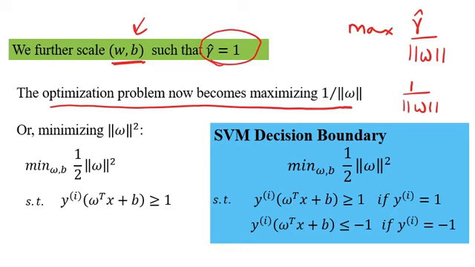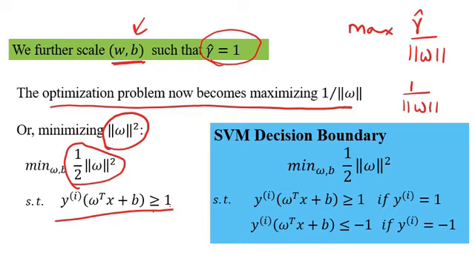This can also be equivalently written as minimizing the norm of w, or rather the square of the norm, because it doesn't change the solution. We further include a half multiplier for the sake of mathematical convenience later on. The constraint is subject to gamma hat having become 1, so we write it as this.